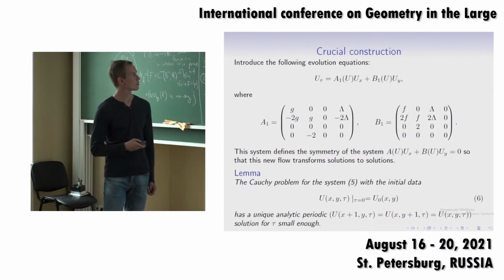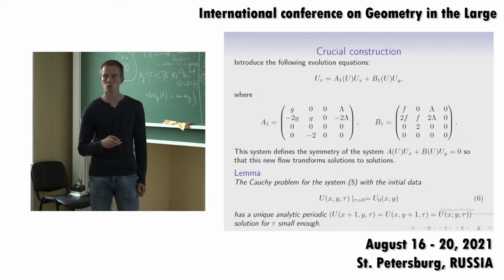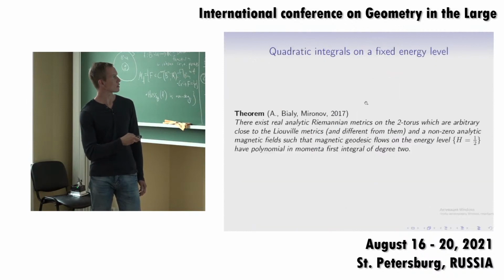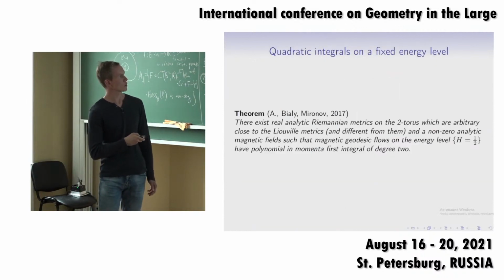We managed to prove that if we consider a Cauchy problem for this evolution equation with the initial data which corresponds to the Liouville metric and zero magnetic field, then after transforming this initial data along this flow, we obtain something which is still a solution, but the metric is no more Liouville, and moreover a magnetic field appears. And this is exactly what is written here.